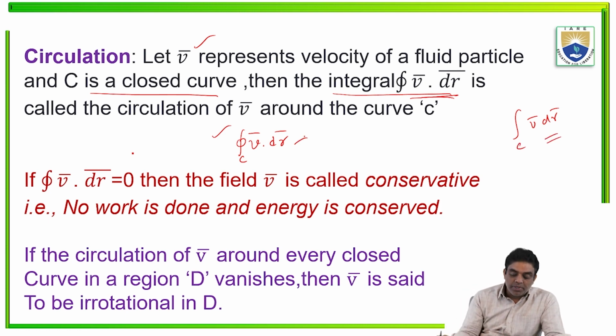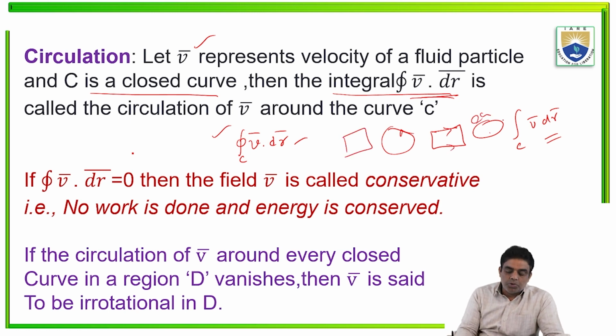Writing the integral over the closed curve C means we are considering the line integral along a closed curve. These are all along a circle, rectangle, square or ellipse; these are all closed curves. To represent the integral along a closed curve, you put a circle in the integral sign over C of v bar dot dr bar.